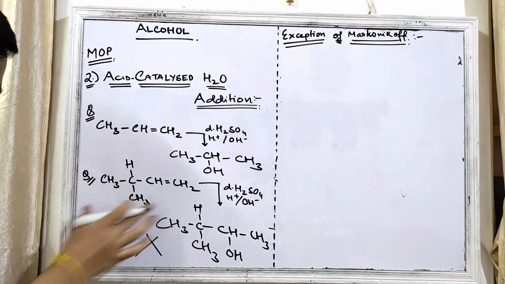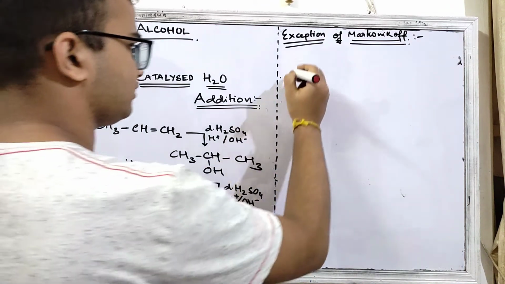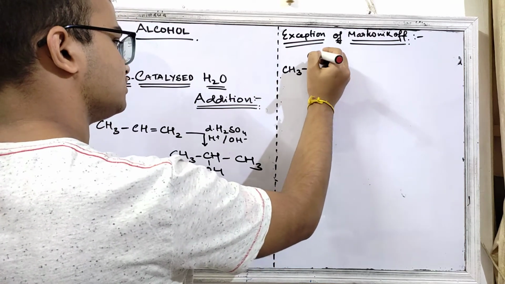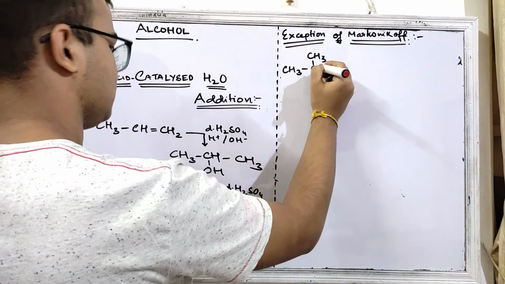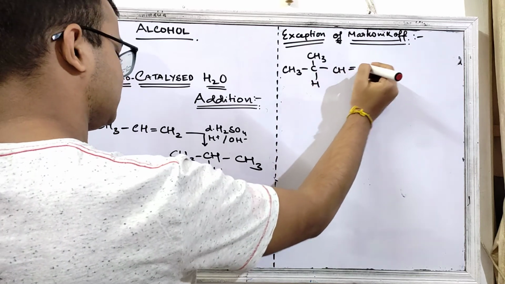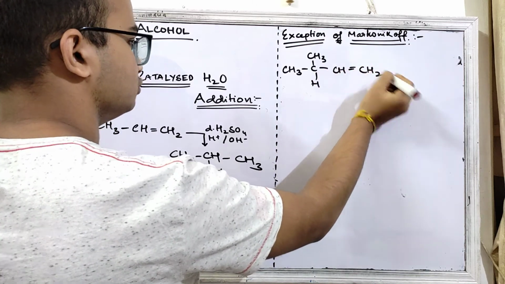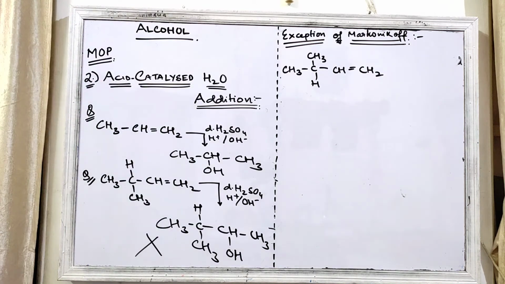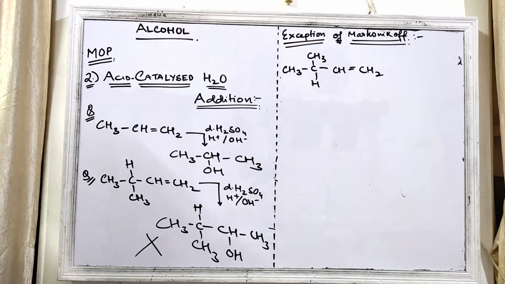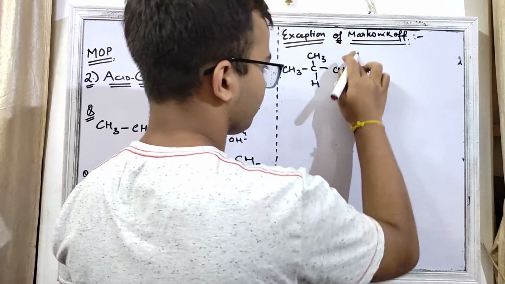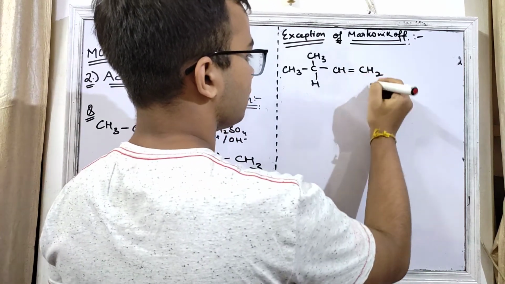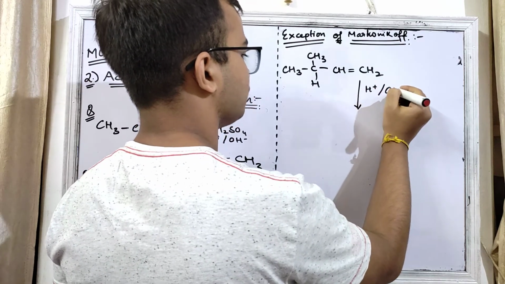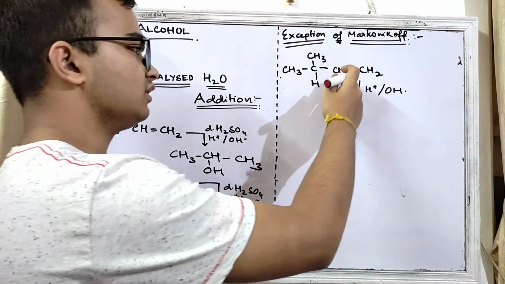Now see, this was my reactant, so let's write this over here: CH3, C, CH3, here is H, here is CH, here is double bonded CH2. Clear? This was my reactant. Now when I am adding H plus and OH minus over here, this bond is breaking.